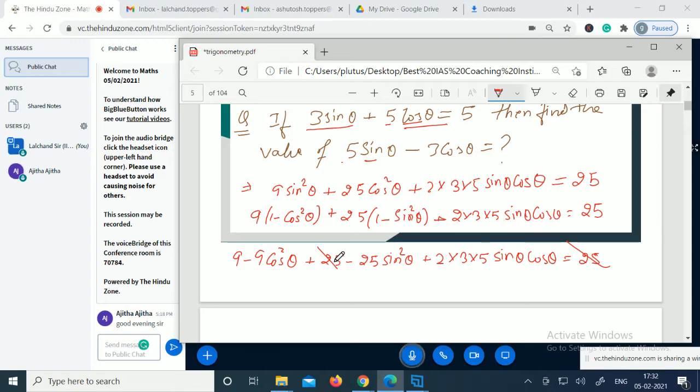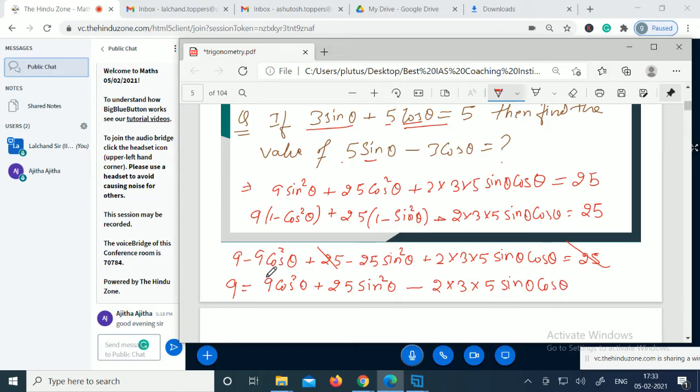If all negative terms are transferred to this side, 9 cos square theta becomes positive, and this becomes 25 sine square theta, and this becomes minus 2 into 3 into 5 sine theta cos theta.